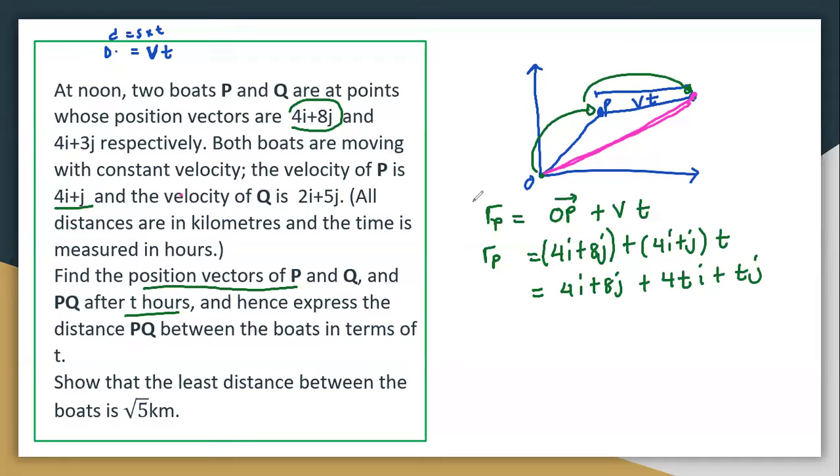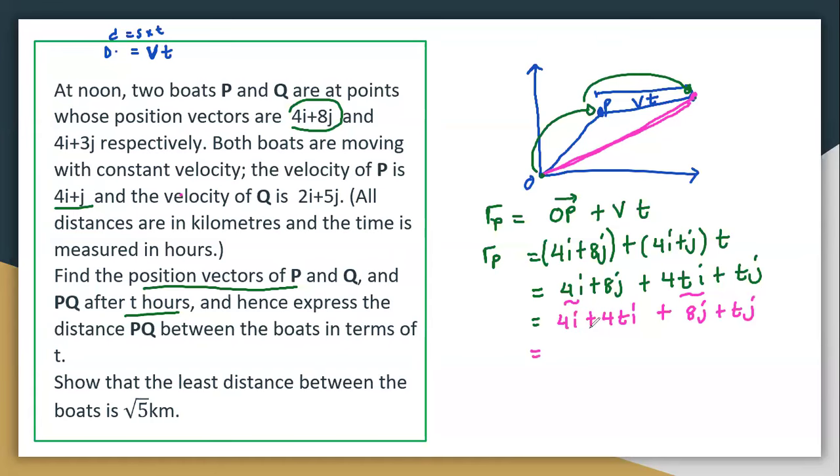Now, what are we going to do? We are going to collect like terms. So you get your i's and the i's, this has i and this has i, this has j and j. So of the i's, I'm going to say 4i plus 4Ti. Then plus, I have the j, I'll say 8j plus the Tj.